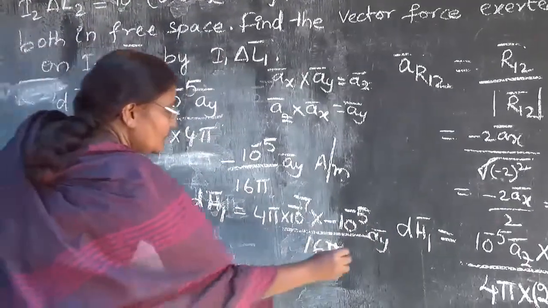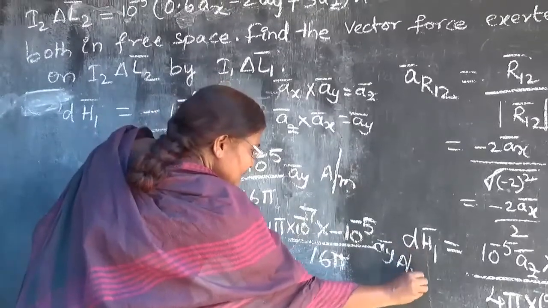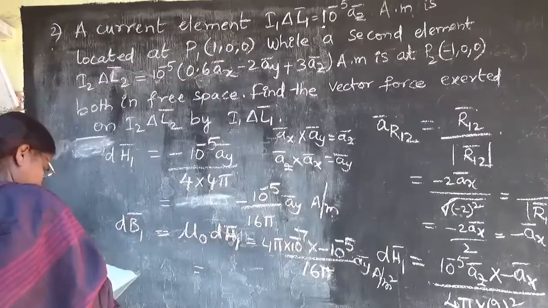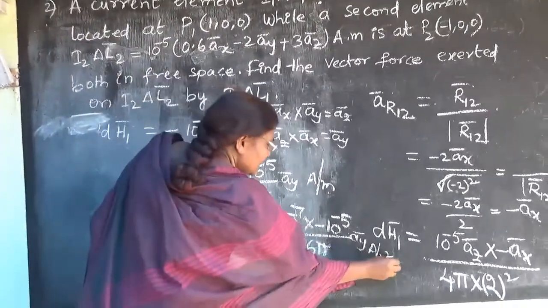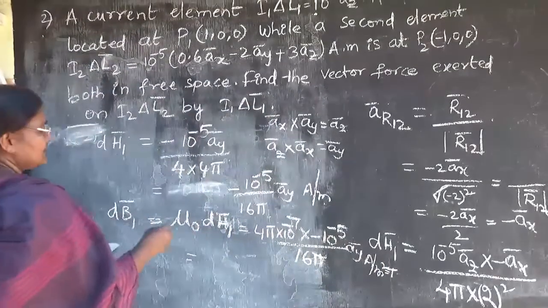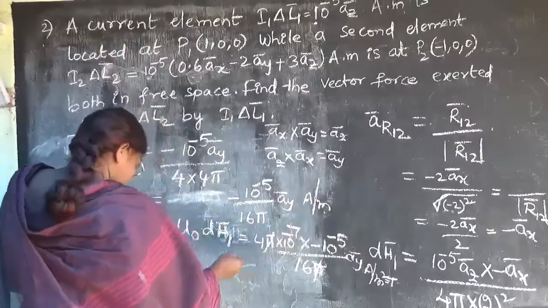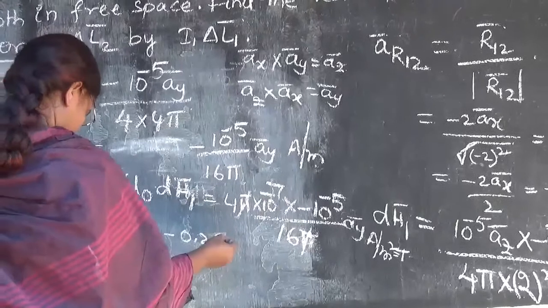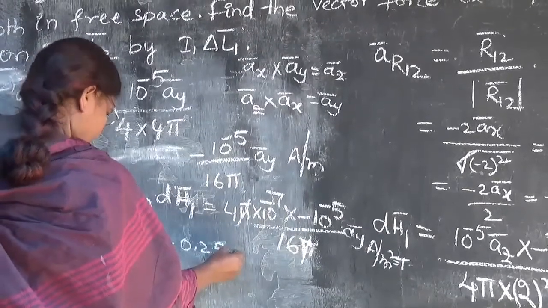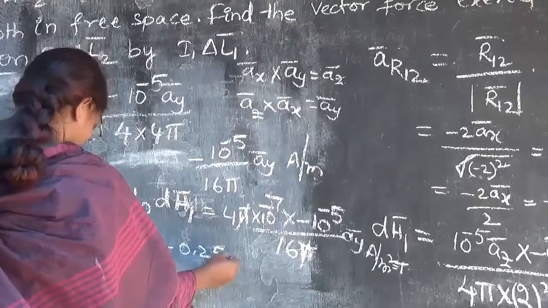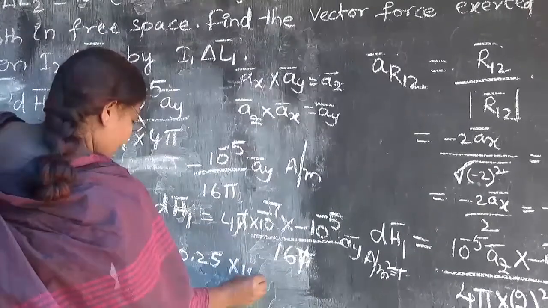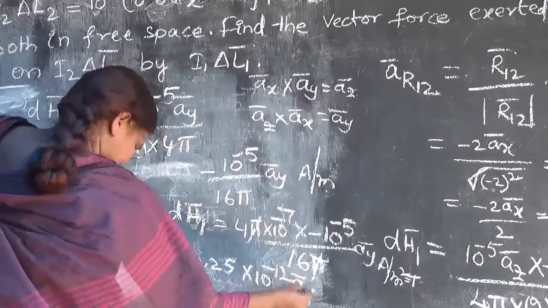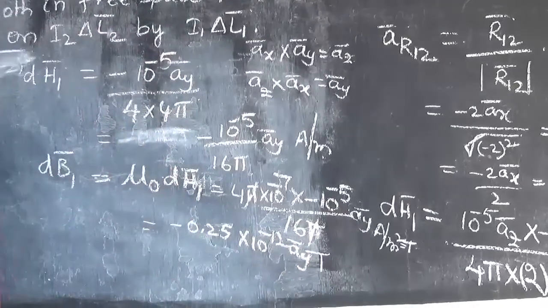The unit will be Tesla. So pi will be cancelled and its answer will be minus 0.25 into 10 to the power of minus 12 AY bar Tesla. This is the value of dB1 bar.